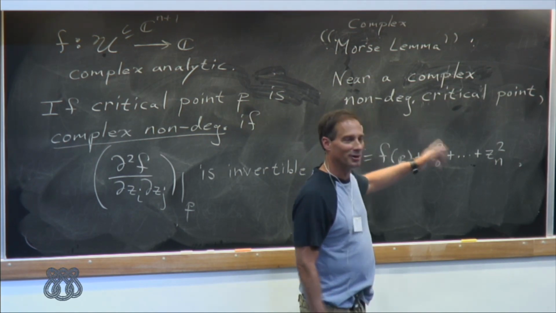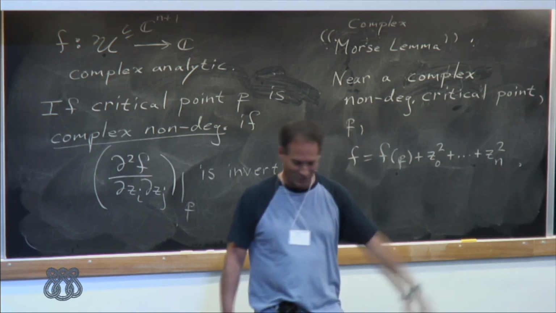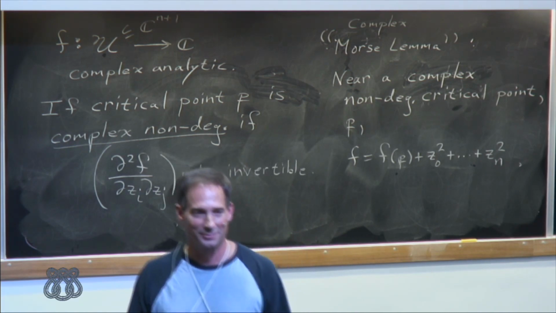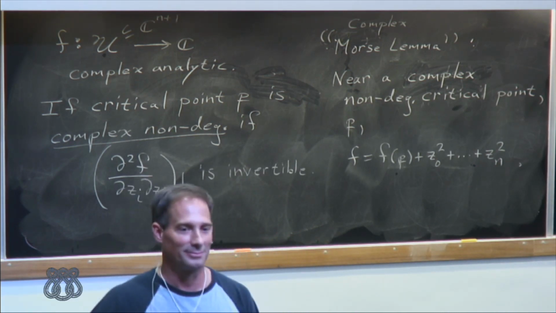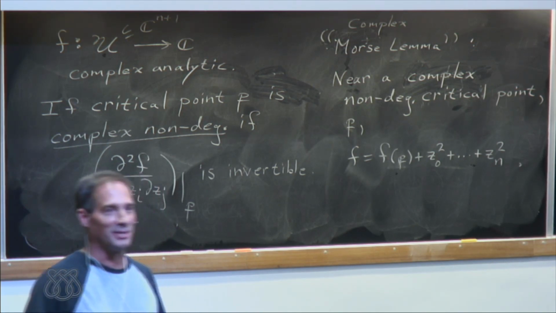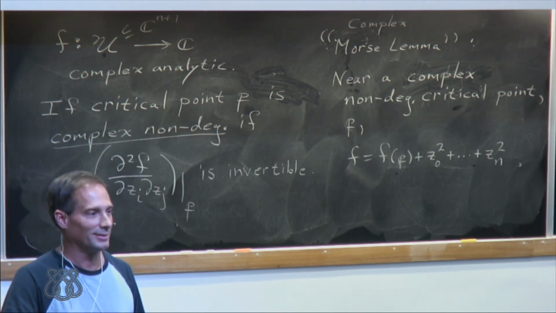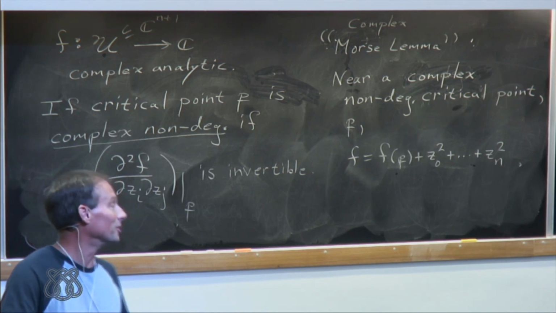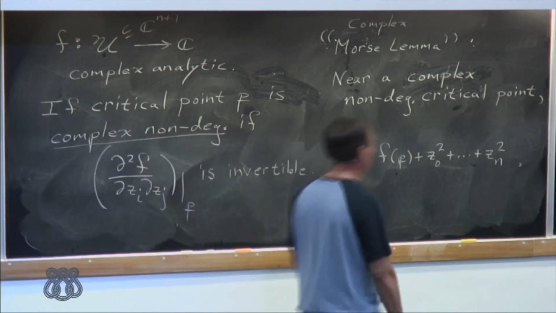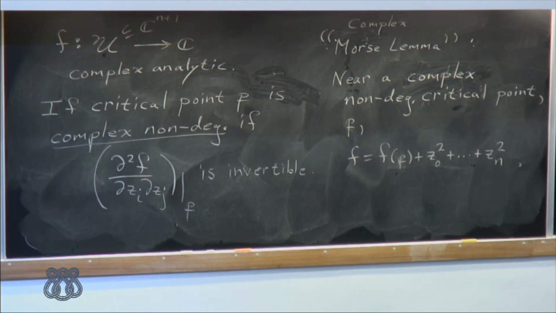If they're all the same, just look at the real part. How many minus signs do you get? No. Absolutely not. n plus 1. The square of all the imaginary parts. n plus 1. It's a middle index.